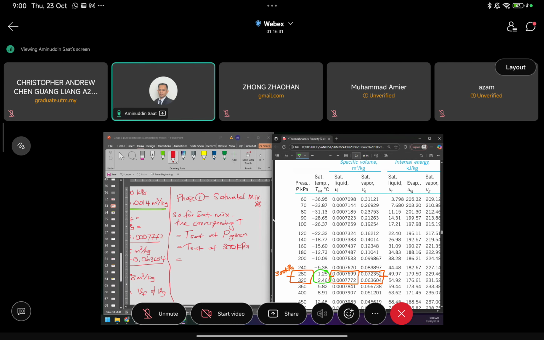So the temperature is a bit small or low because this is not water. Okay, so the T saturation equals negative 1.25 plus 2.46 divided by 2. Okay, how much? Should be 1 point something, right? Or negative.